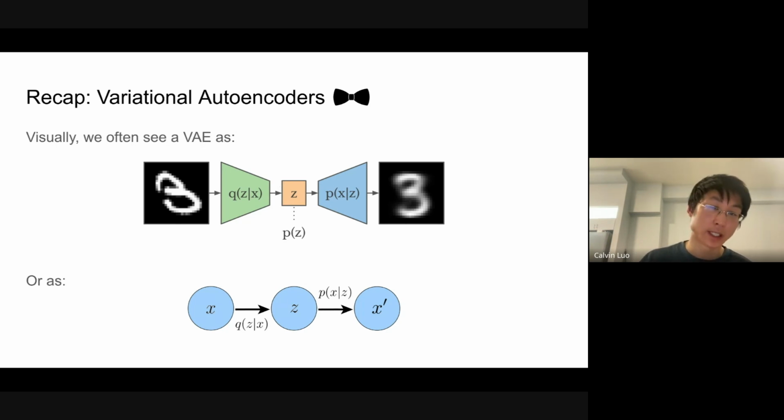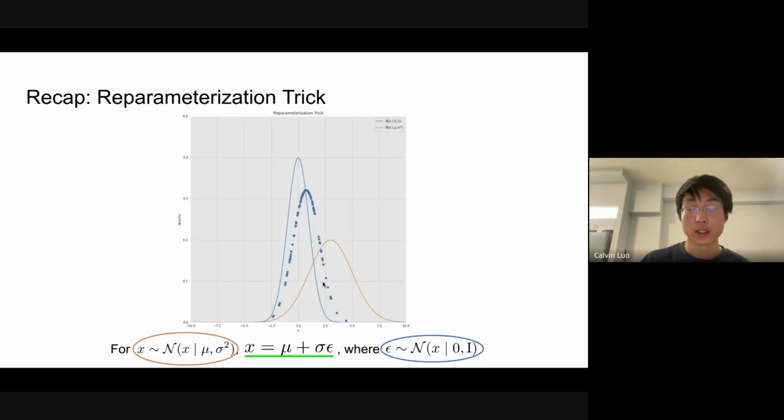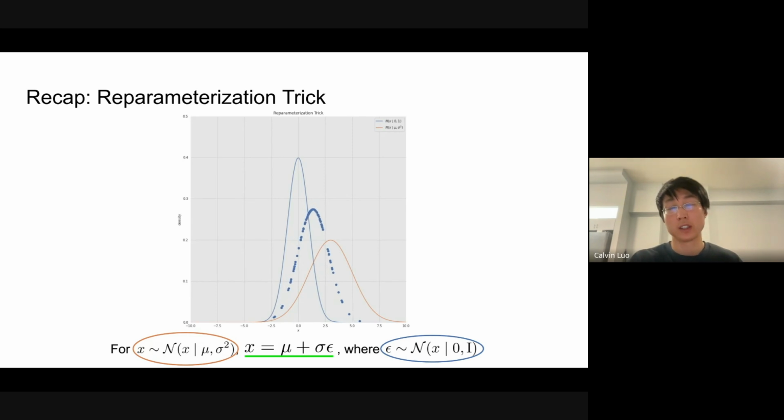The way around it is the reparameterization trick, because instead of sampling from that distribution directly, we now sample from a standard normal, which has no parameters, and then manipulate the standard normal sample into a sample that's equivalent to one sampled from the complex distribution. That's the reparameterization trick.